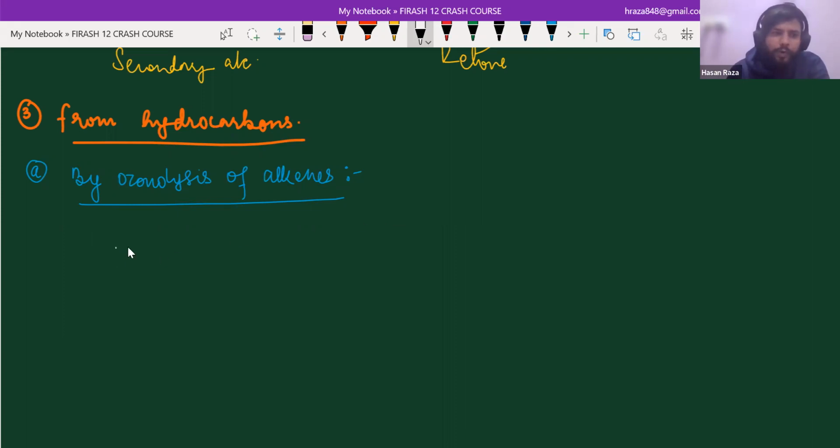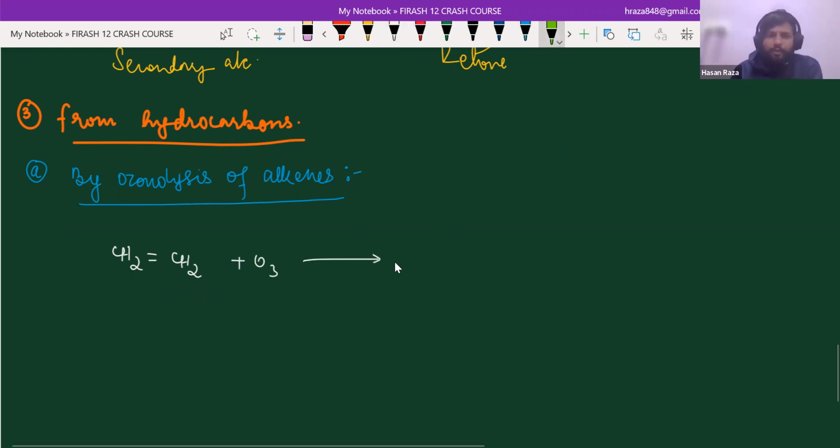So first of all, I'm going to take a very small alkene, that is ethene, the smallest alkene, and react it with O3 first. Now see what will happen here. Write the rest of the part the same, don't show the double bond, and make a home around the double bond.